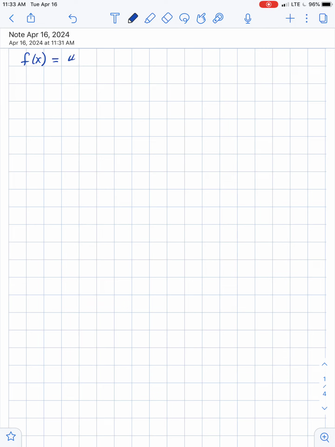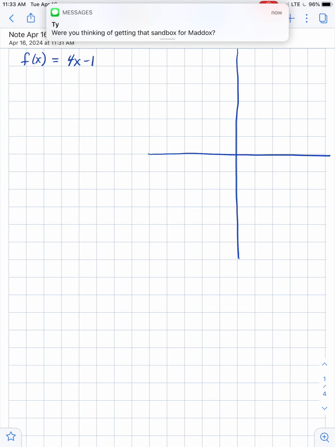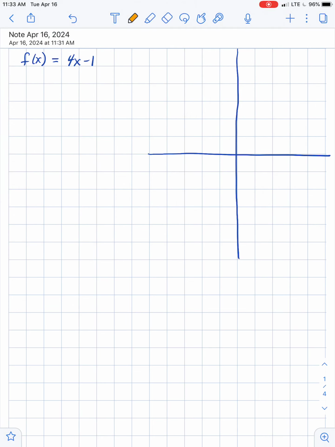So we're going to do 4x minus 1 as our function. Now, one of the first things that I would do is go to my graph, and that will be one of the steps that I give you, and I would graph my equation. So I am at -1 with a slope of 4.